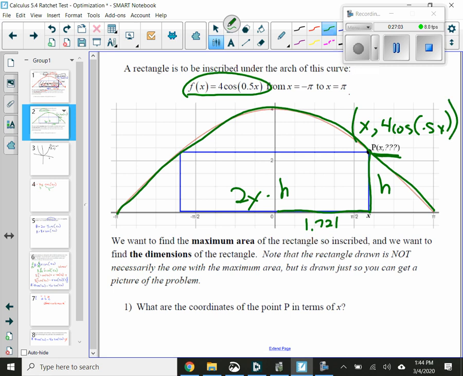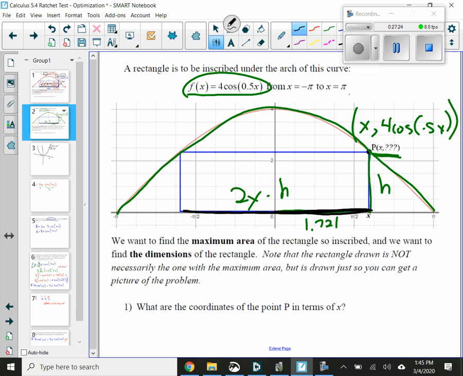You're okay with that, right? Okay. So if this distance right here is x, then my entire base is 2x.